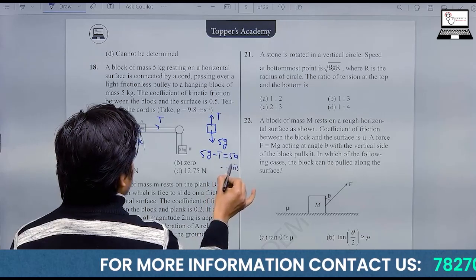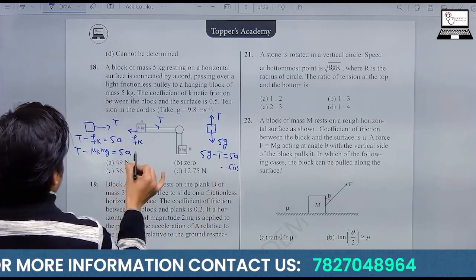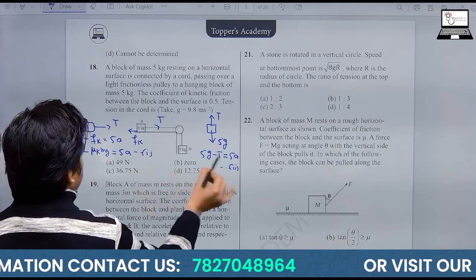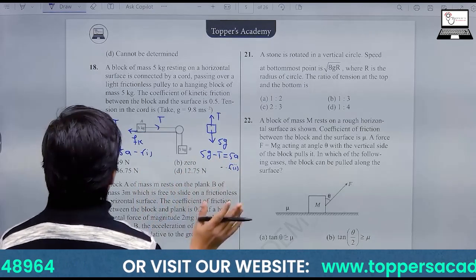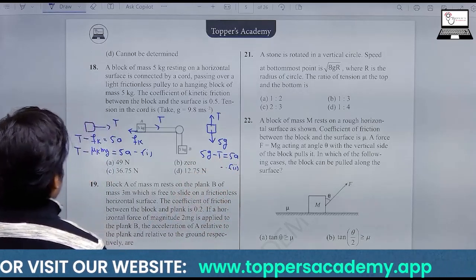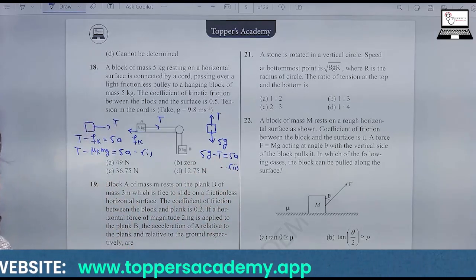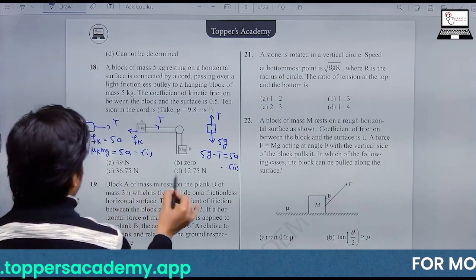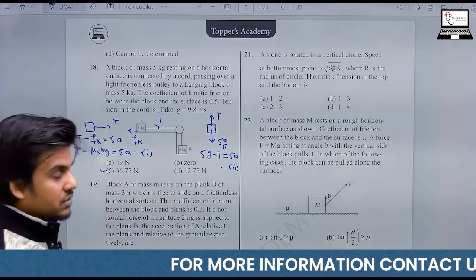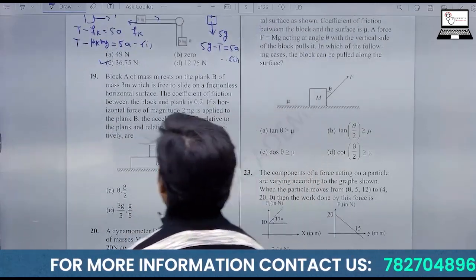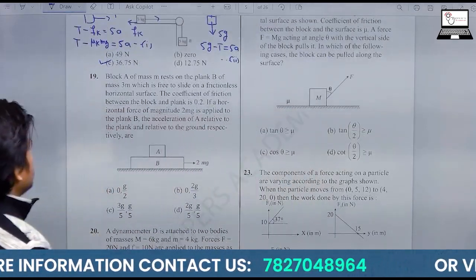This is our second equation. If I solve these two equations, I will get the tension, and that will be equal to 36.75 Newton.